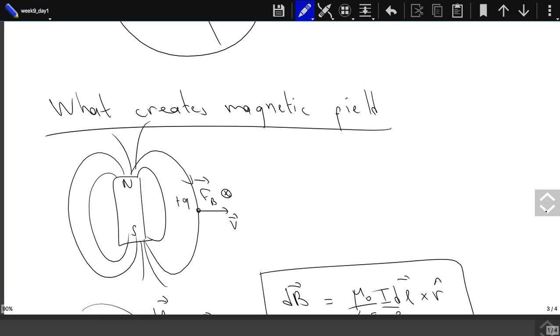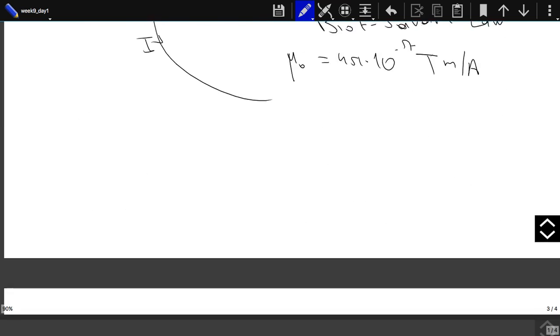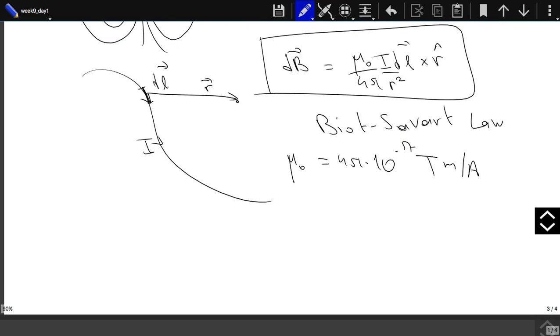Well, if this moving charge is exerting a magnetic force on the magnet, then it should be creating a magnetic field. So the moving charges should be creating magnetic fields. And once you make this observation, you go out and try to measure the magnetic field created by wires.